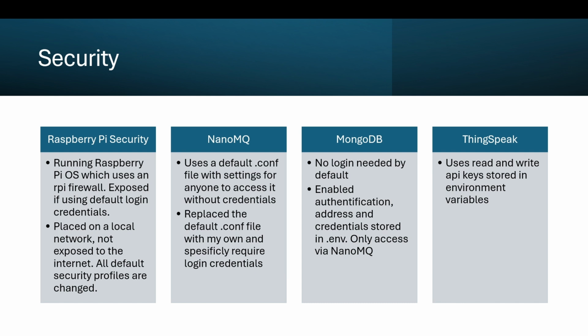And then ThingSpeak last, it is the least customizable but most default secure. It uses a read and write API key, and you also have to have the channel ID, and all of these are stored in environment variables in this .env file.